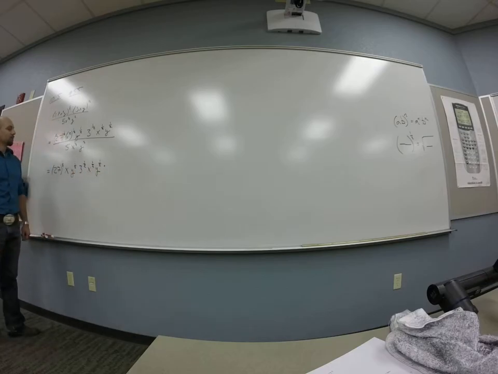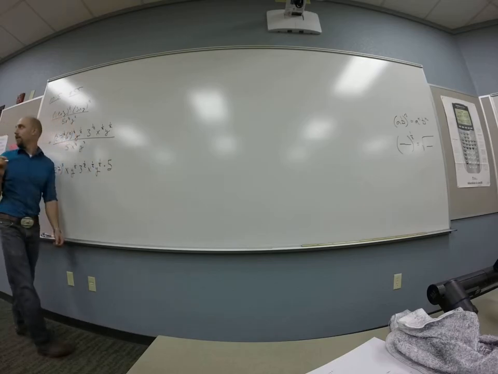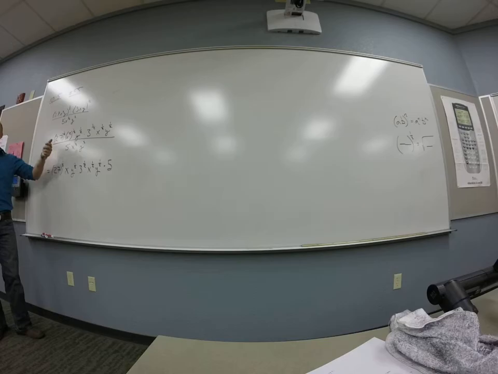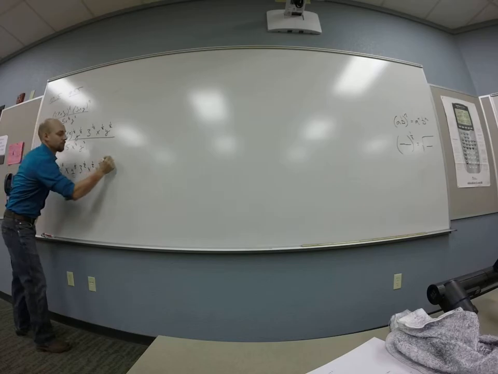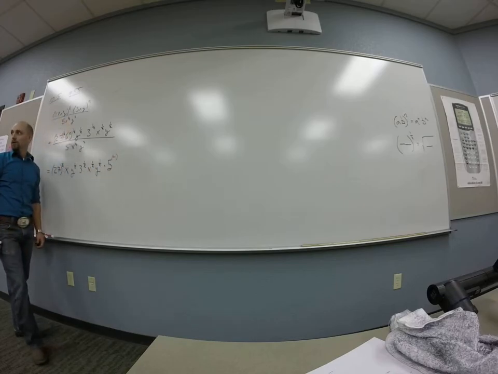So I'm going to say, okay, this is times 5 to the... Yeah, so I want to flip it out of the bottom, right? The way I do that is put a negative on the exponent. So the exponent on 5 is 1 right now. So I just flip the sign. So I get 5 to the minus 1.